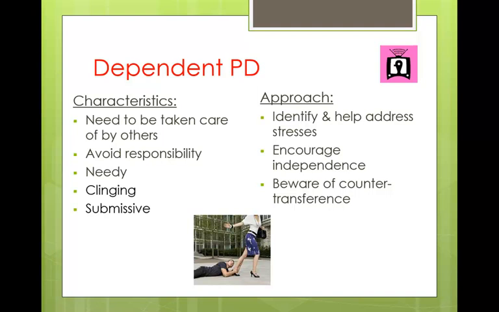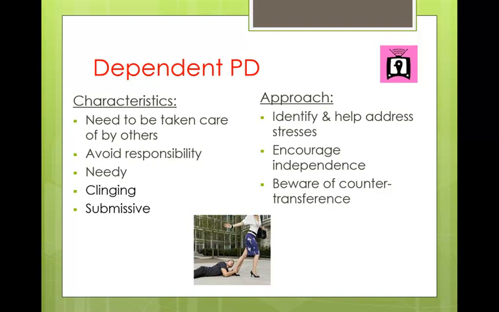So some of the nursing guidelines that we can use with these patients is just to identify any stressors that the person is having that might be bringing on this dependent kind of behavior. We want to set limits with the patient so that they don't feel like what we do is a punishment.